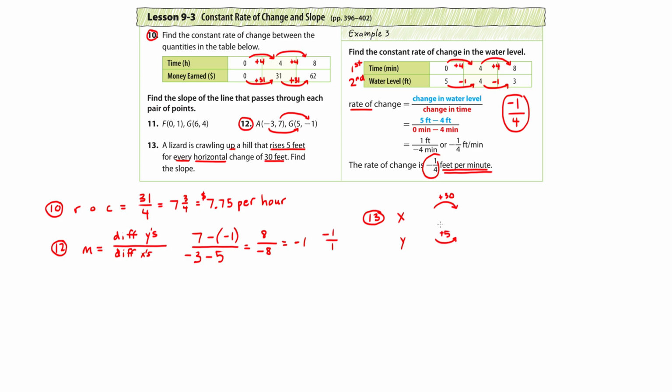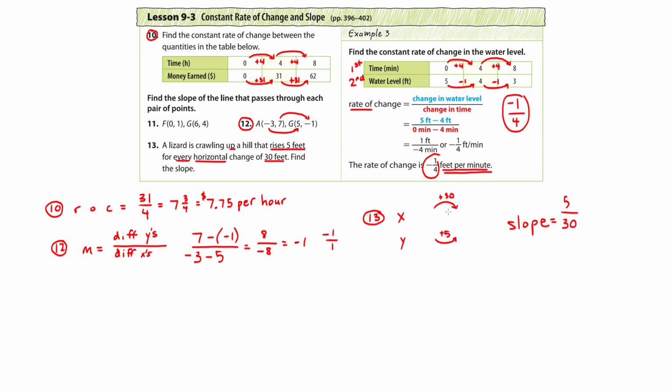So if I think about it, this vertical change is the top of my rate of change. It asked me to find the slope. I'm going to find the slope by taking the vertical change, the difference in the y values, which is the 5, and dividing it by the difference in the x value, which is the 30.